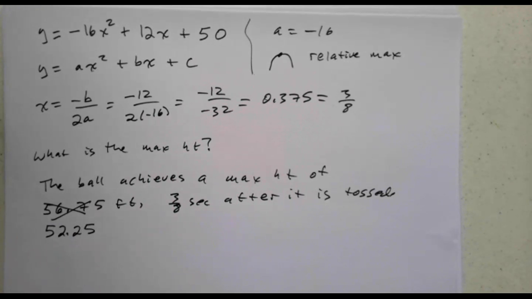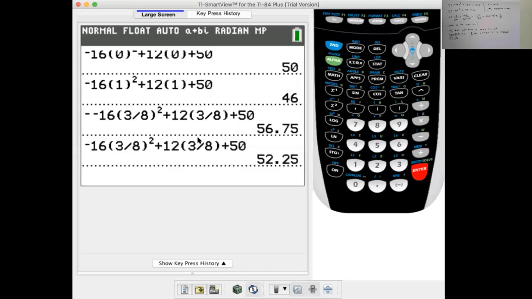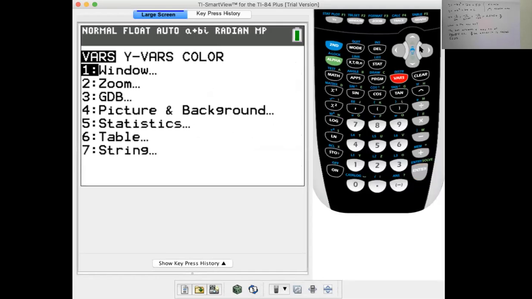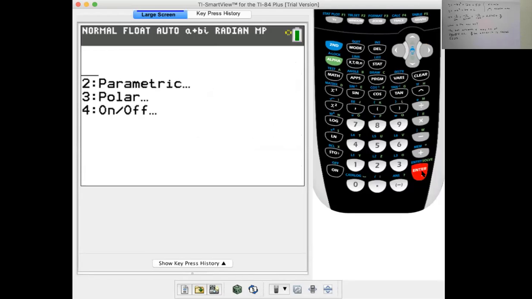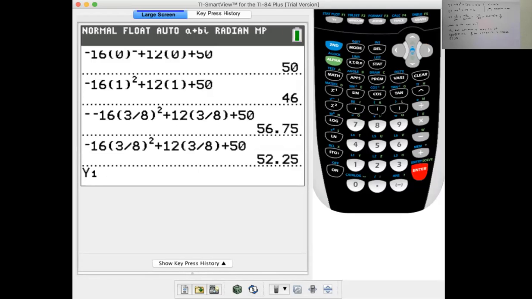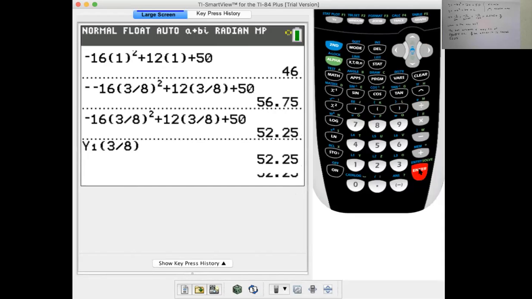Let's go back to the calculator. I do want to show you another way to get that. I'm going to plug 3/8 into my function. Vars, y vars function, plug in 3/8. And I should get 52.25. So it just goes up a little bit less than 3 feet, 2 1/4 feet, and then it starts falling down the side of the building.